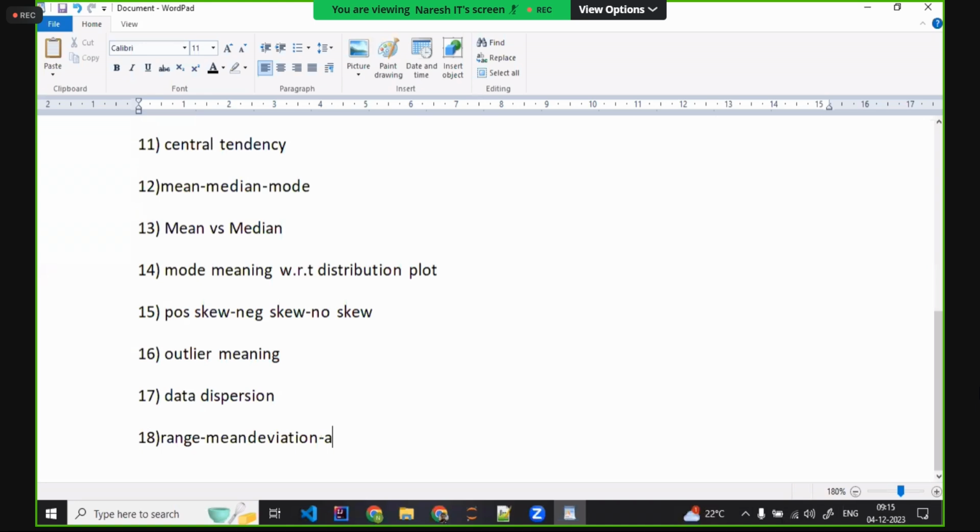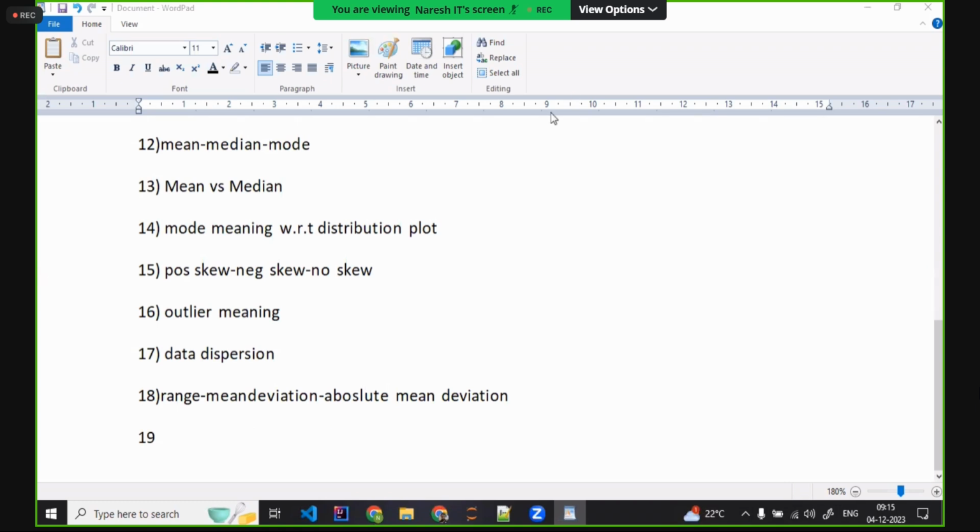Tell me, what is the drawback of the absolute mean deviation? It is discontinuous at 0, so it is not differentiable.